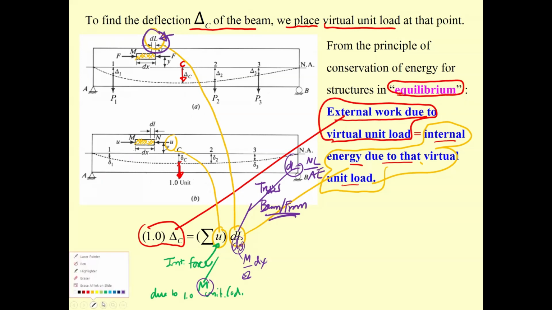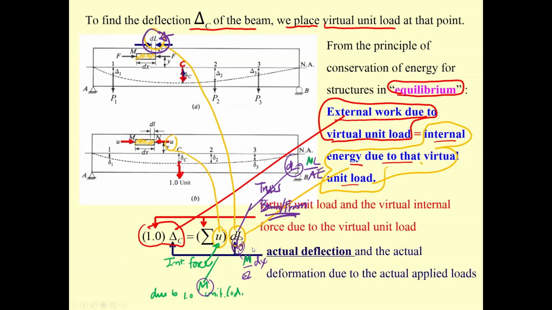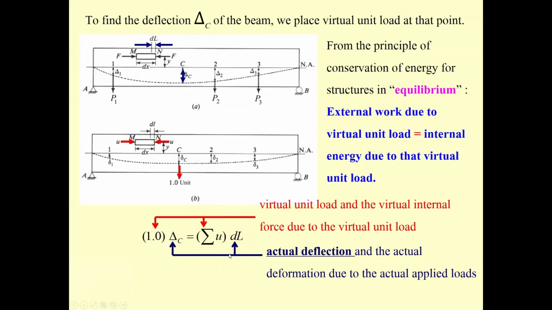You have to determine the normal force due to the real force, and the moment due to the real forces. Following this, there is something I should mention again. Let me illustrate all of this.